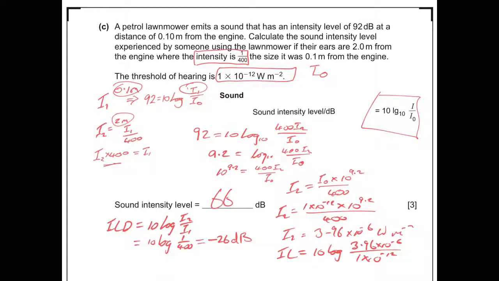And if we do that, we get minus 26 dB. In other words, that's what needs to come off the 92. So the second intensity level is 92 minus 26 dB, which is the 66 that we've got.